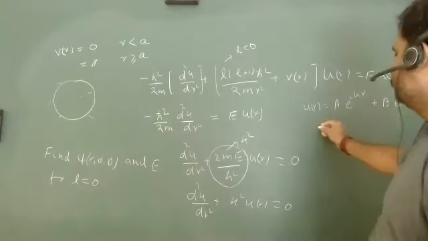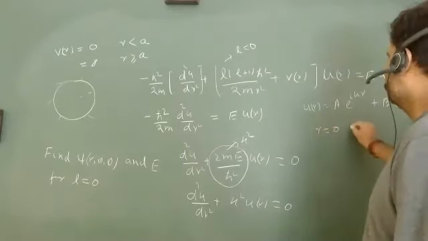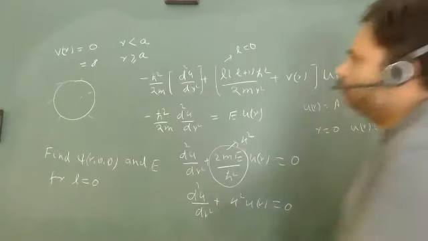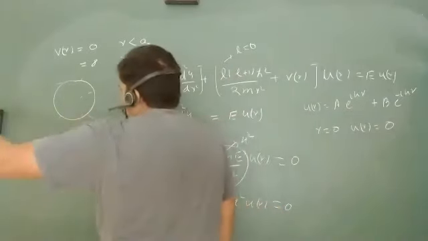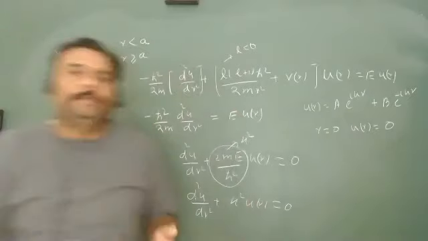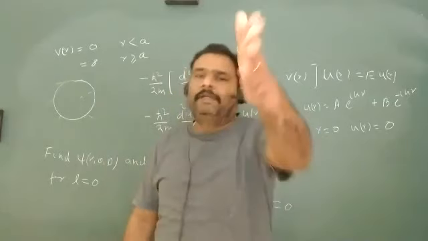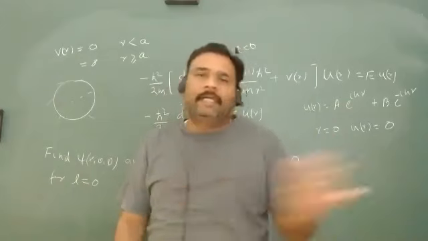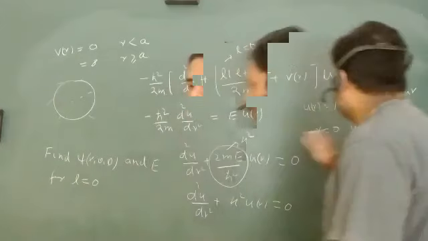So obviously at r equal to 0, u(r) must be equal to 0, because you cannot go beyond that. Negative r is not allowed, which means you can assume that there is some infinite kind of potential. Mathematically, if negative r is not allowed, then you have only this option.